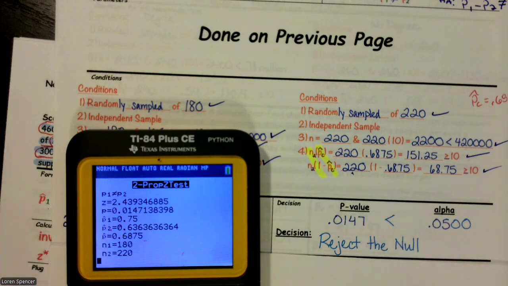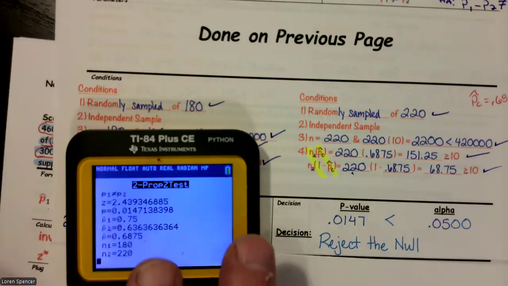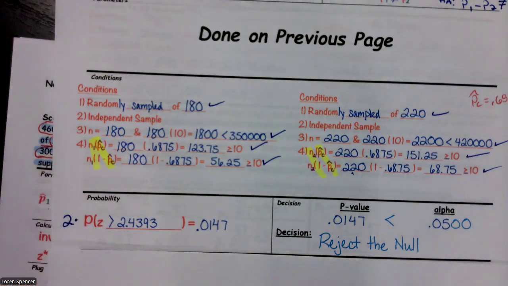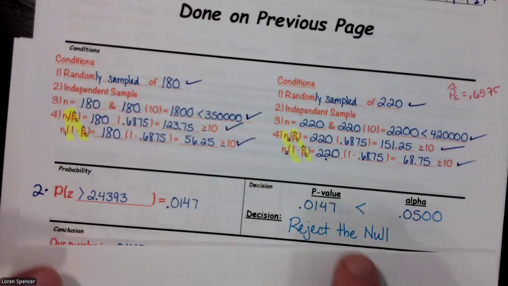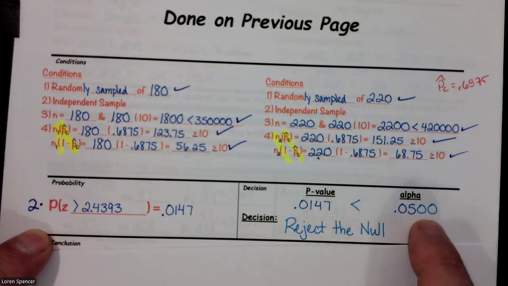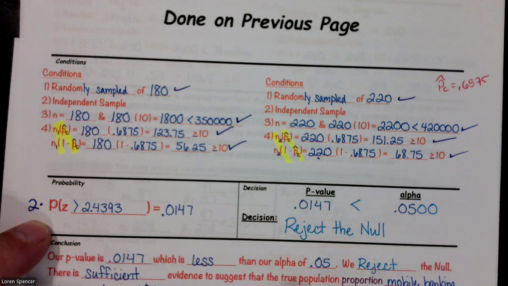Okay, now that we've gotten that far, we can go ahead and write our conclusion up. And remember, we're just starting off with this block right here. Our p-value is 0.0147, which is less than our alpha of 0.0500. We reject the null.